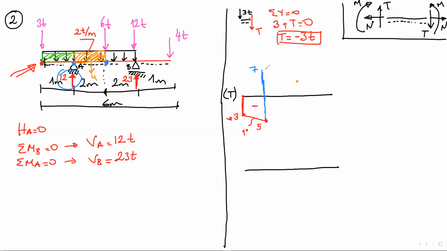How are we going to connect them? Since there is a uniform distributed load, this will be a first degree line. Okay, here the magnitude is 3. Remember, the top side is the positive side. Now, where are we? We are at this point. There is a point load there. If there's a point load, there is a sudden change, remember.